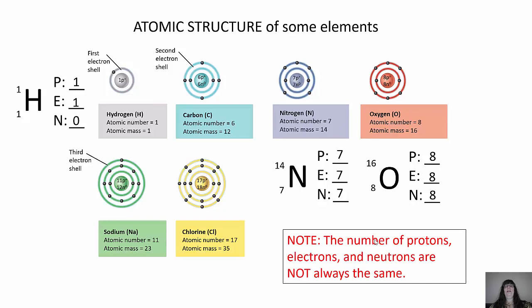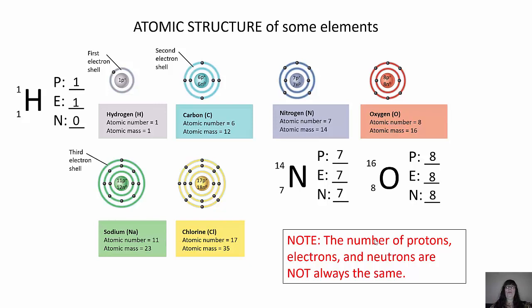So in a nutshell, the number of protons, electrons, and neutrons are not always going to be the same. Like these are nice and pretty, 777, 888, carbon was 666, but you can always figure it out the same way. So for sodium there, you're given the atomic number is 11, you're given the atomic mass is 23. So the atomic number is 11, which means there's 11 protons. We know it's a neutral element, which means there's 11 electrons.